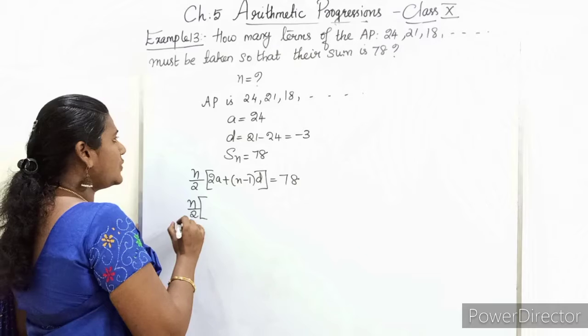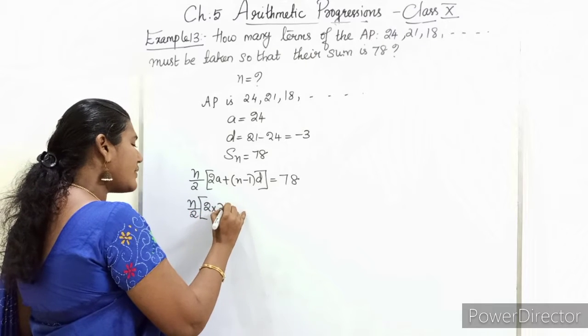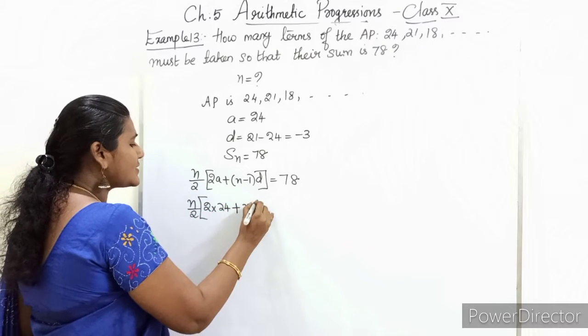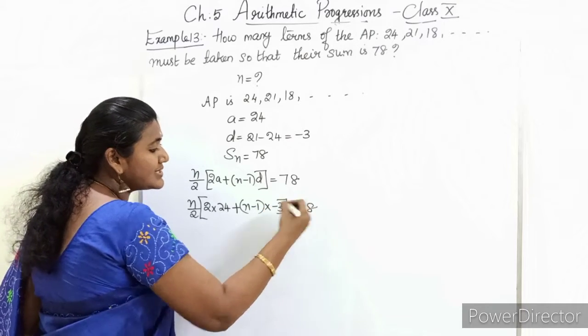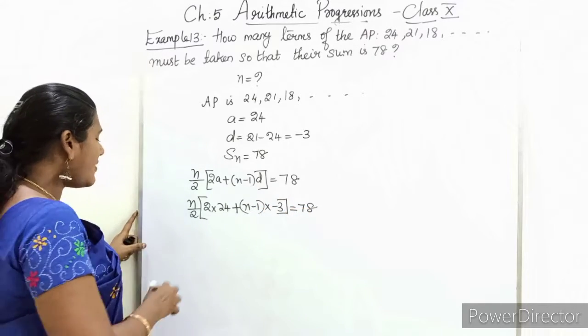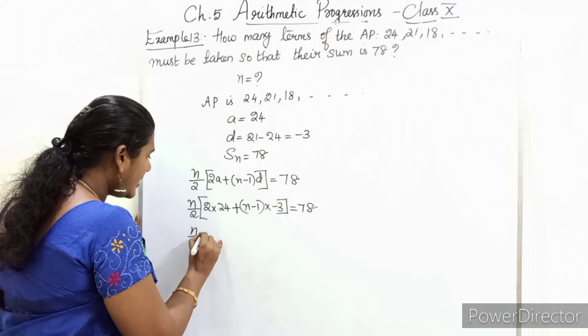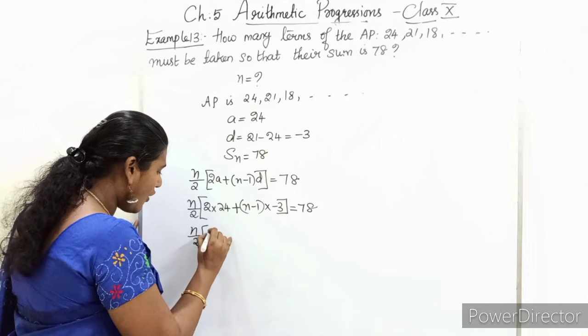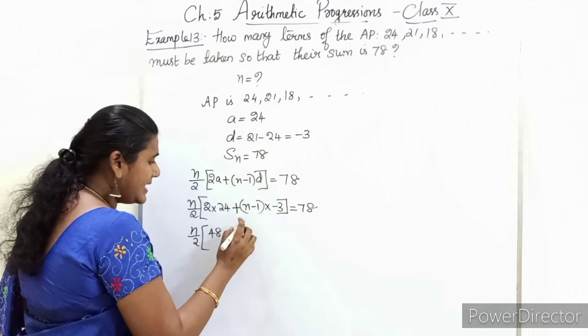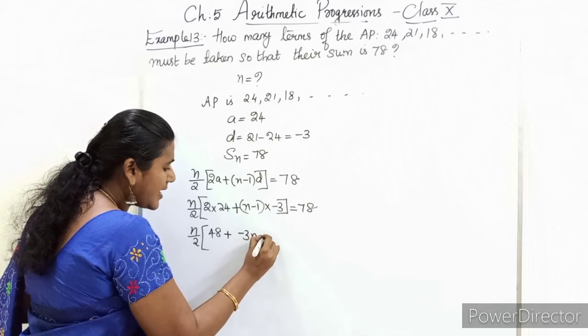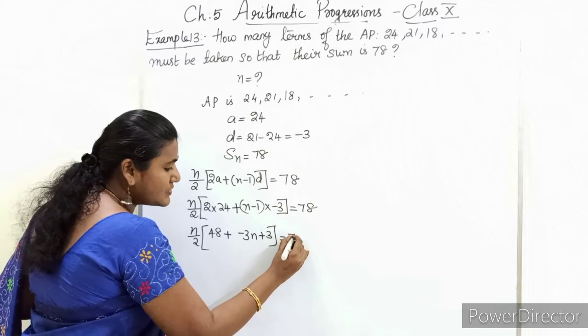So n by 2 into 2 into 24 plus n minus 1 into the value of d, minus 3, is equal to 78. Now we will simplify. So n by 2 into 48 plus, multiplying each term, minus 3n plus 3 is equal to 78.